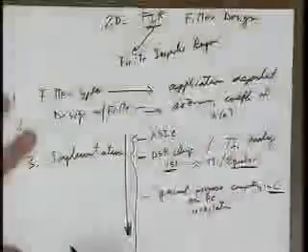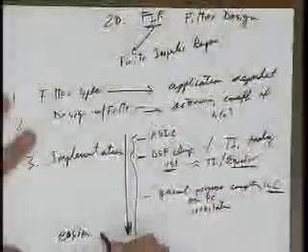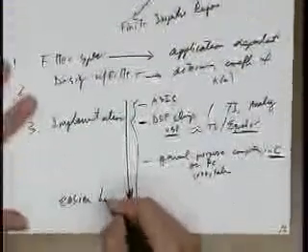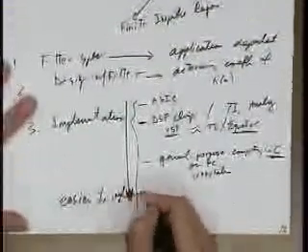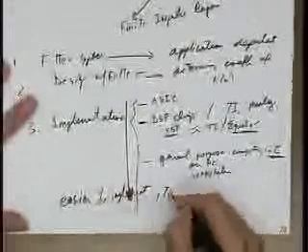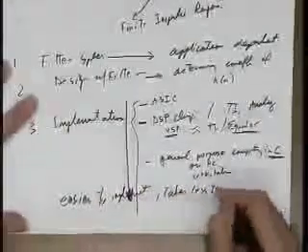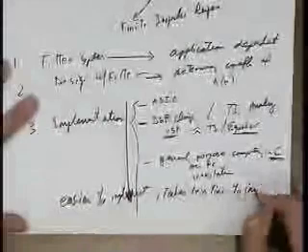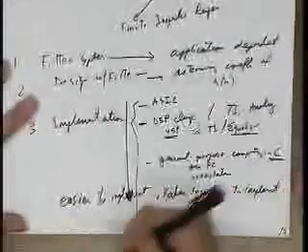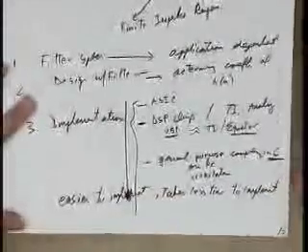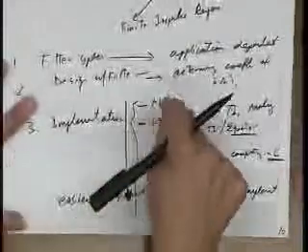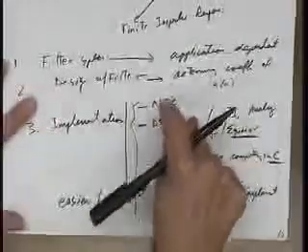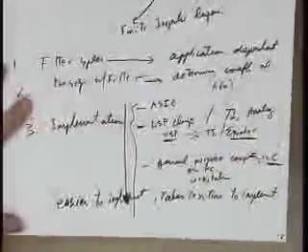It's just not so messy. So as we move down here, it's easier to implement, and takes less time to implement. But what do we give up as we move along this direction? What do we give up as we move from ASIC to DSP chips to general purpose computing?